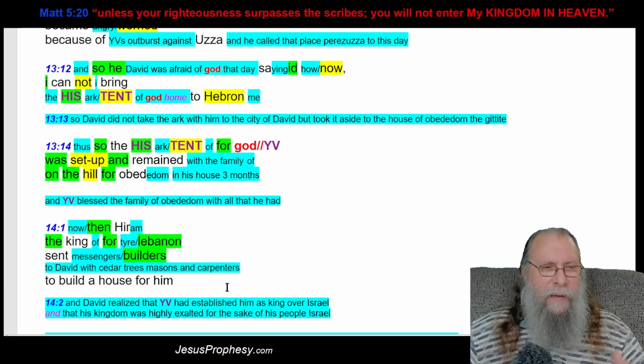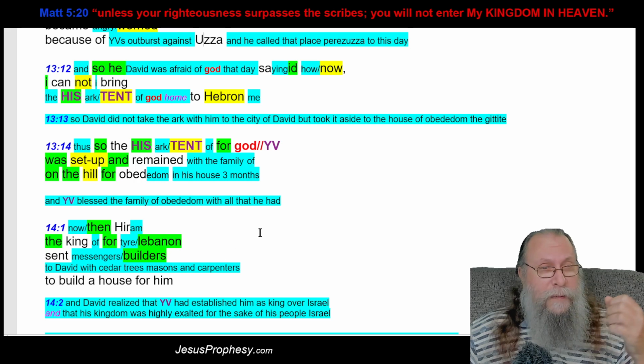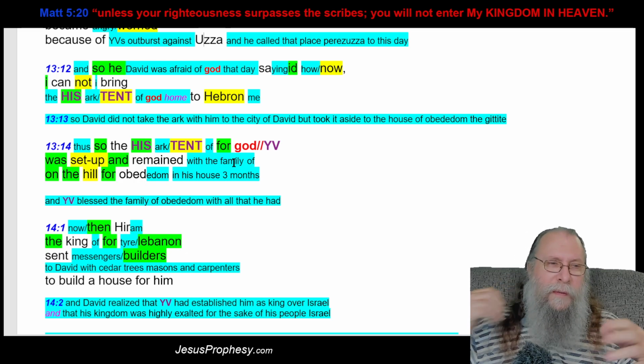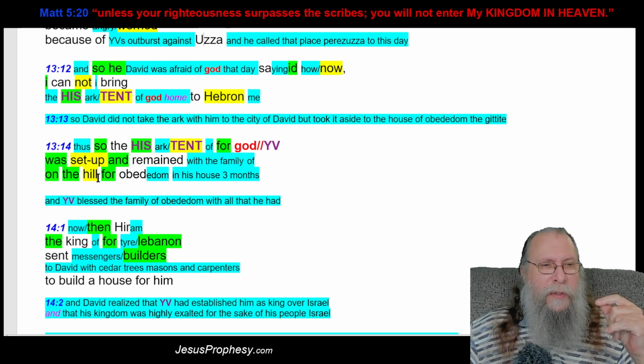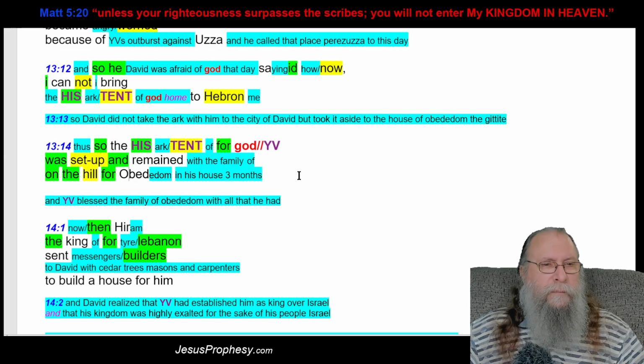I looked up and looked down, and it's just not there. So I have to use the words, and they set it up. Not just that it remained with the family, like the whole family's going to have this special tent. No, that's just not true either. But this was the owner of the land at that time.